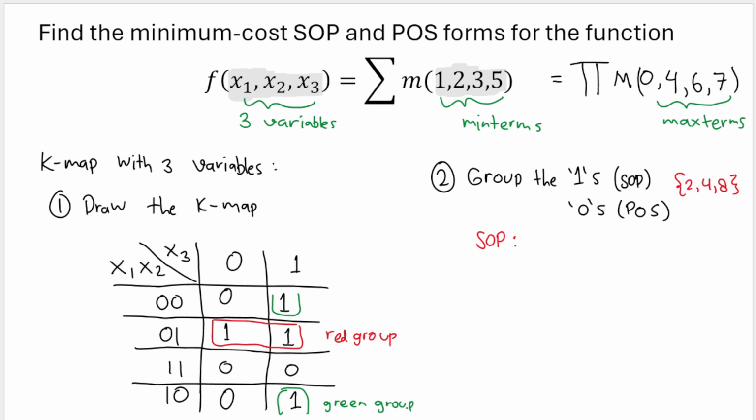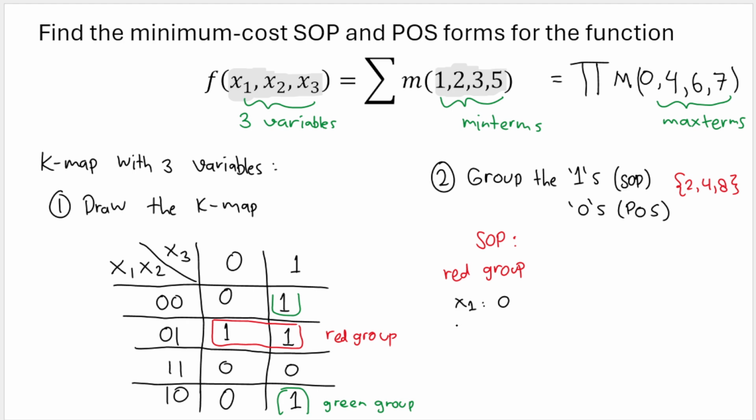Right? You imagine a Karnaugh map here as a ball or cylinder that you can wrap around, so this one here will be connected to this one here. For the red group, x1 here is exactly 0, and x2 is 1.